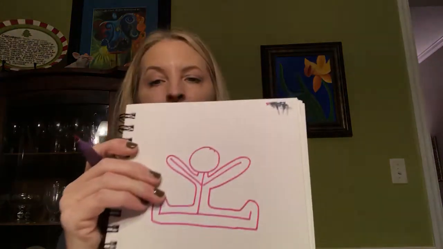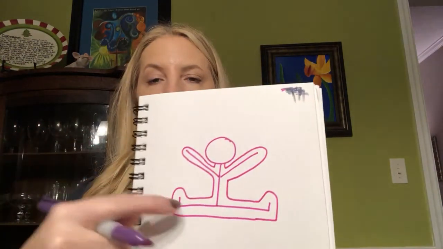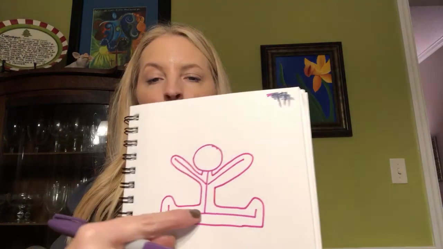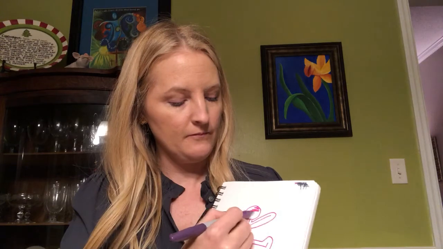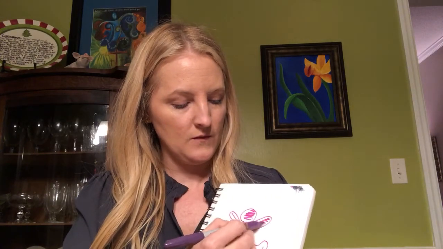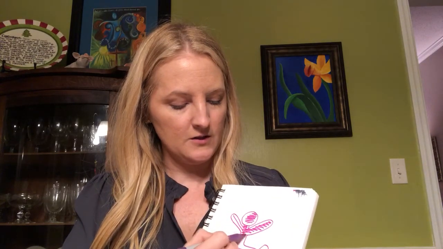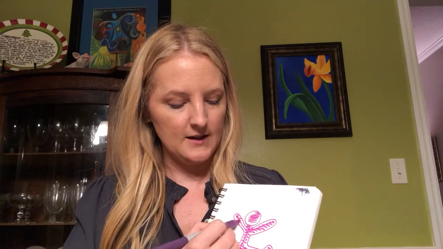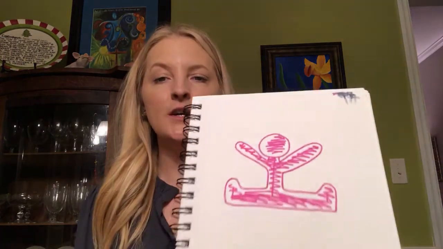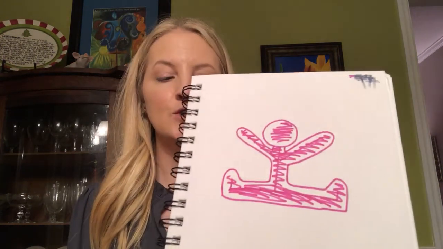And then what you would do is you would go in, I drew in Sharpie, sorry, but I wanted you to see it. You'd go in and erase your stick person so that it would only be the solid person left. Just like that.